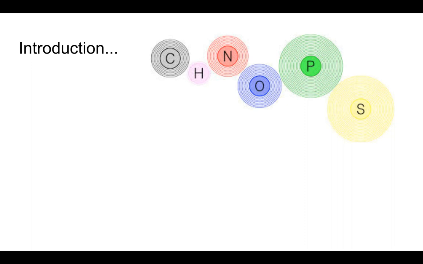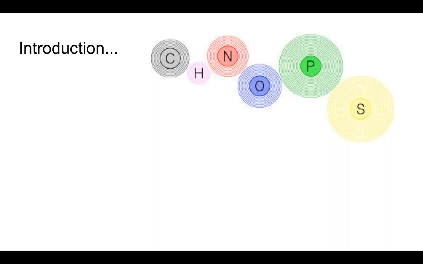Approximately 96% of all living things are made up of these six elements: carbon, hydrogen, nitrogen, oxygen, phosphorus, and sulfur. If you start mixing these up in various combinations, building more and more complex molecules, you get pretty much the molecular basis for life.